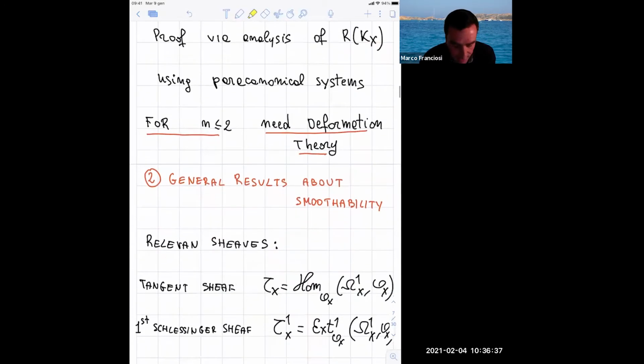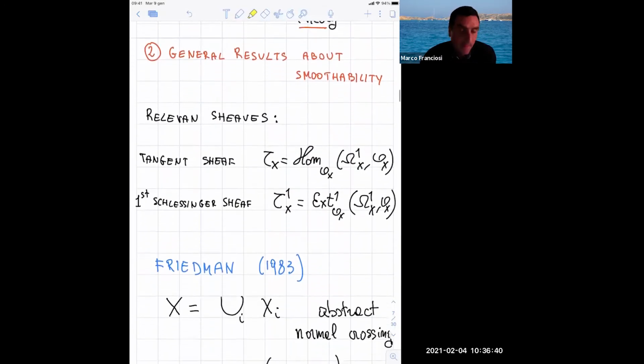So now I'm going to talk about general results about smoothability. The relevant sheaves that we consider are the tangent sheaf, which is Hom over X of Omega^1_X, O_X, and the first Schlesinger sheaf, T1 of X, which is Ext^1 of Omega^1_X, O_X.